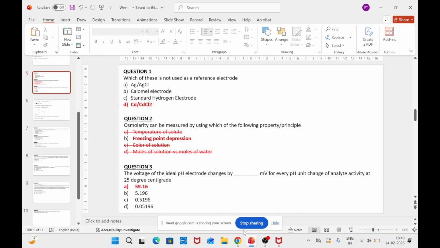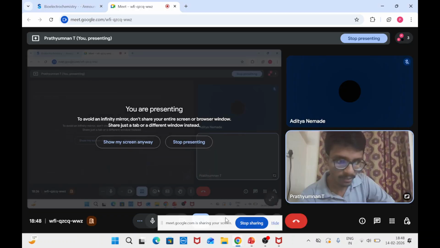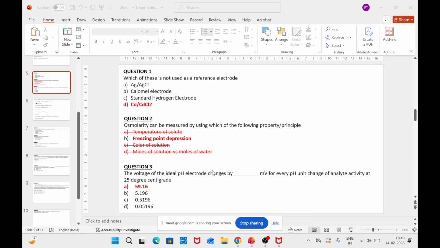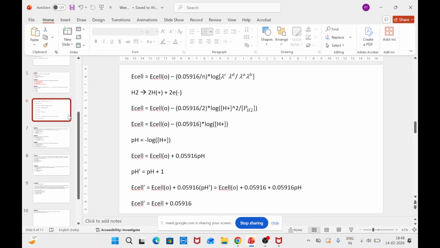Is that fine? Any confusions, any questions? How is this value calculated? Here I am writing it only with respect to the H2 gas.